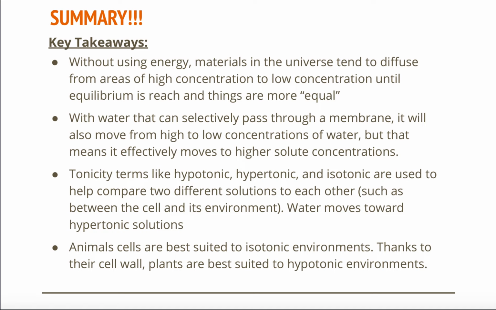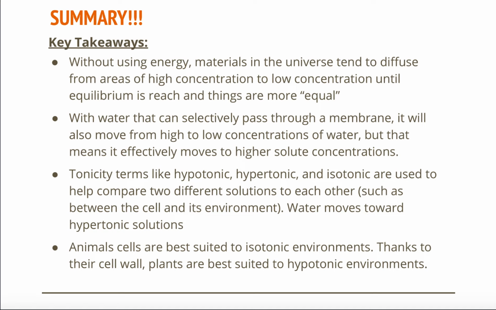Now, in terms of biology, though, this is critical for organisms, and in animal cells and other cells that don't have cell walls, it's really important to be in isotonic environments. And some animal type cells, like protozoa that look and act like animals, have strategies to cope when they're in environments that are too watery or too salty.